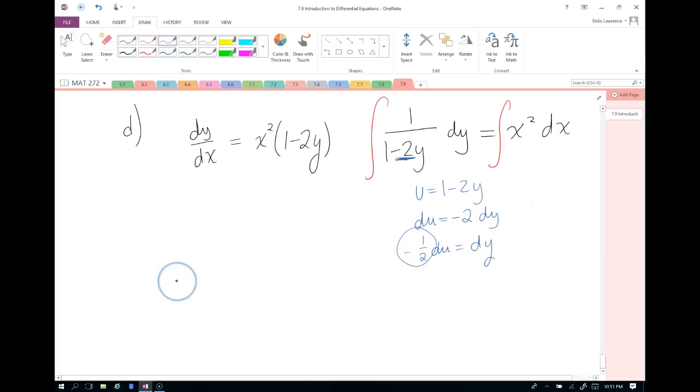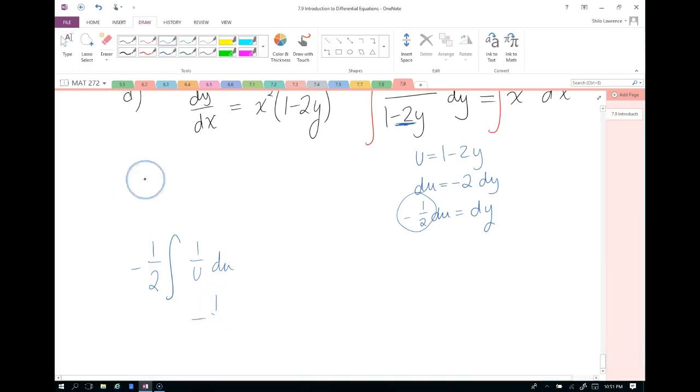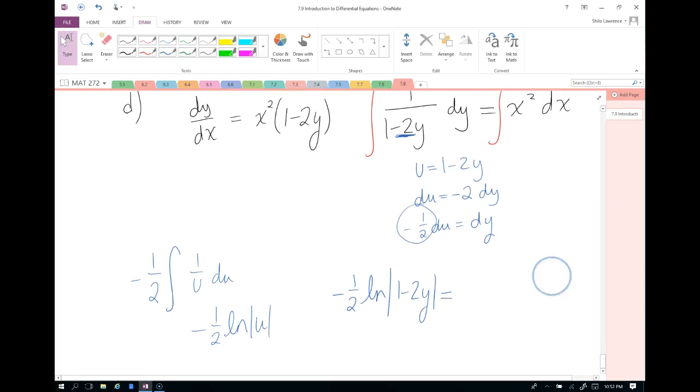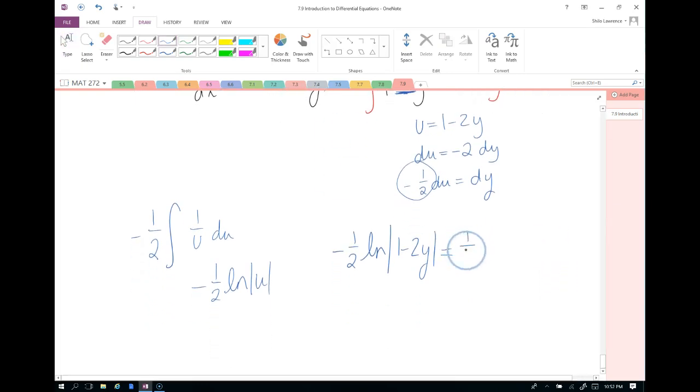So just for the left-hand side integration, this turns into negative 1/2 integral of 1 over u du, which is negative 1/2 natural log of u, but we said u was 1 minus 2y. So we've got negative 1/2 natural log of 1 minus 2y equals, and then we need the antiderivative for x squared, and we just do the power rule. That's 1/3 x cubed plus c.